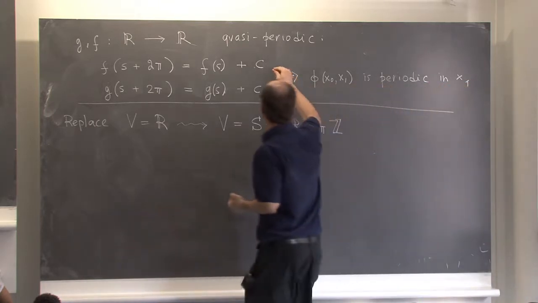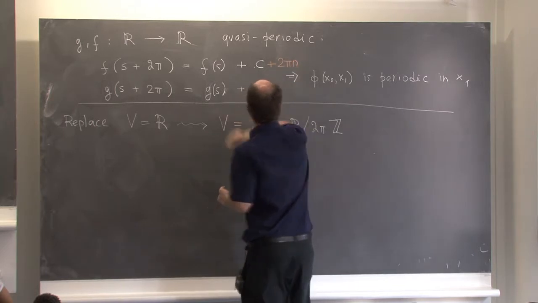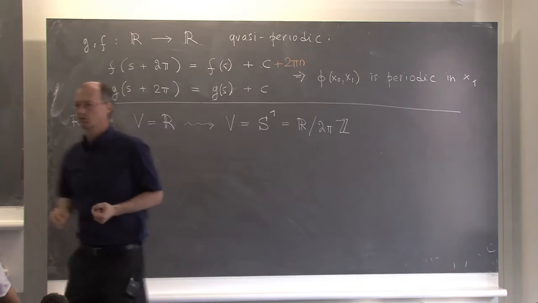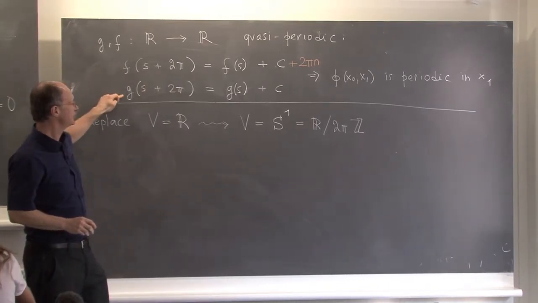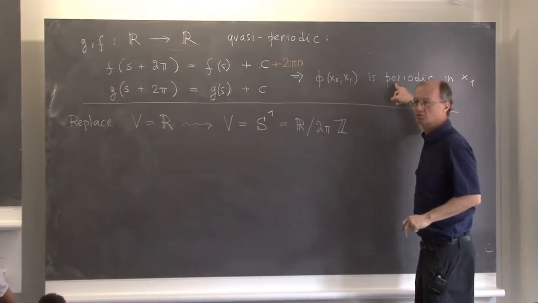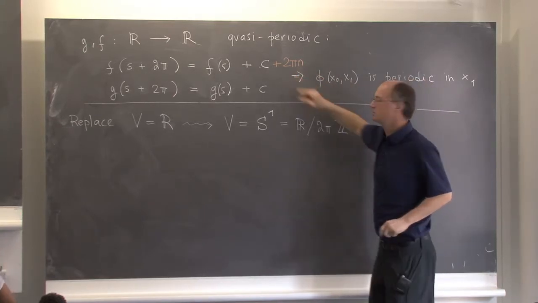So this means that in principle here I can add 2 pi n. Now f is quasi-periodic, g is quasi-periodic, and phi is also quasi-periodic with a shift which is divisible by 2 pi.